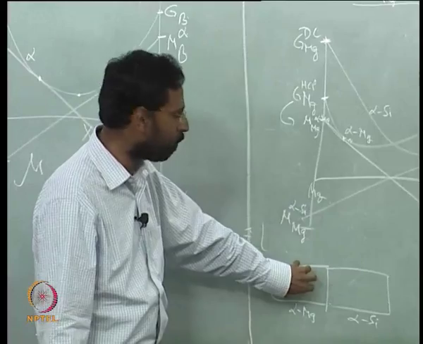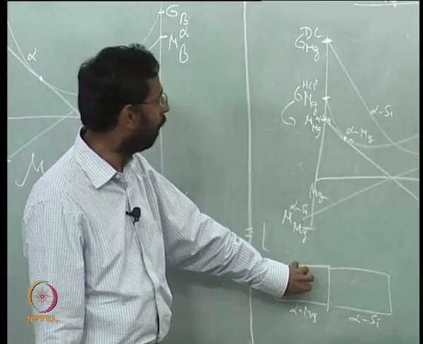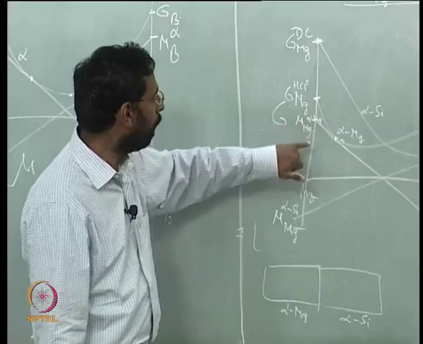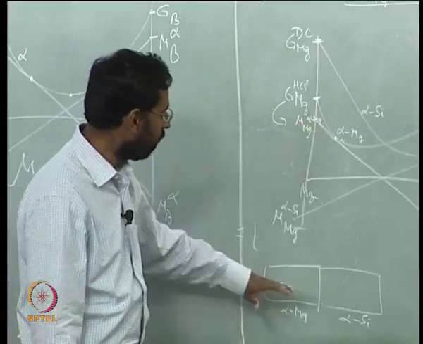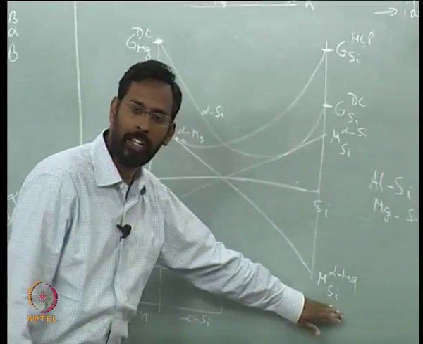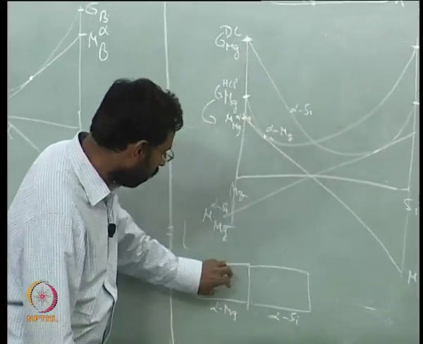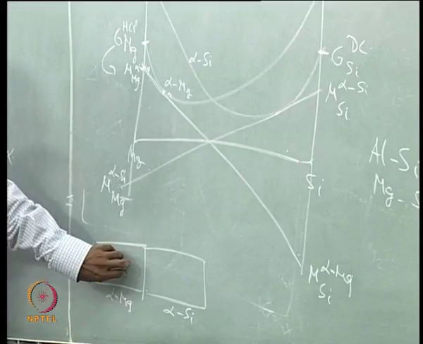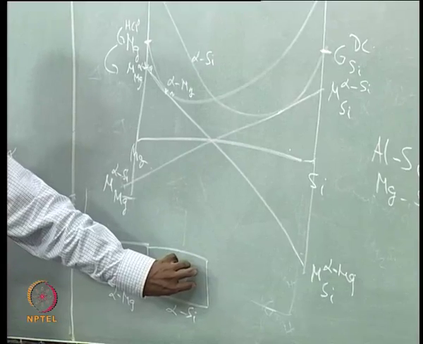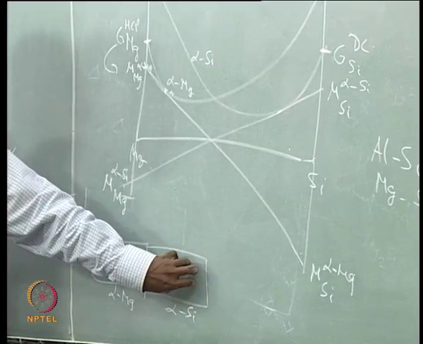On the alpha magnesium side, the activity of magnesium is high, and the activity of silicon is lower. So here you have higher activity of magnesium, lower activity of silicon. Here you have higher activity of silicon, lower activity of magnesium.